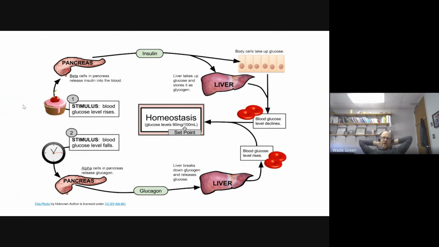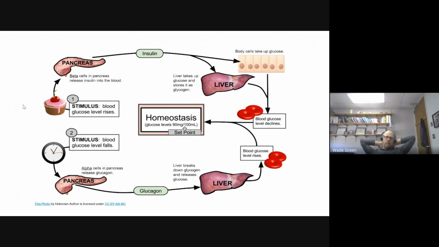We have the beta cells in the pancreas that secrete insulin into the bloodstream. That insulin acts like a lock and key to pull the glucose into the cell, right, to be utilized as energy to make ATP, right? So the action of insulin lowers my blood glucose back down to that normal range of 60 to 100 milligrams per deciliter.